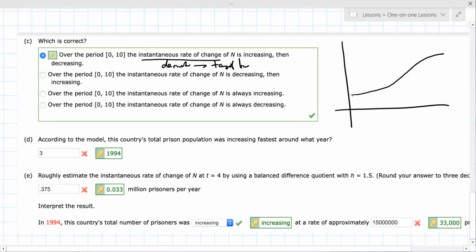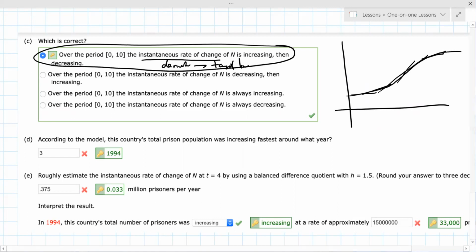So these tangent lines get steeper, and then they get less steep. Yeah. And that's why that's correct. Chances are you get the same graph, but you'll have to memorize the answers or write them down on your reference sheet if you get one.